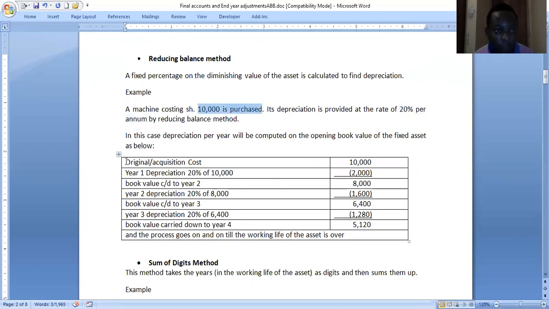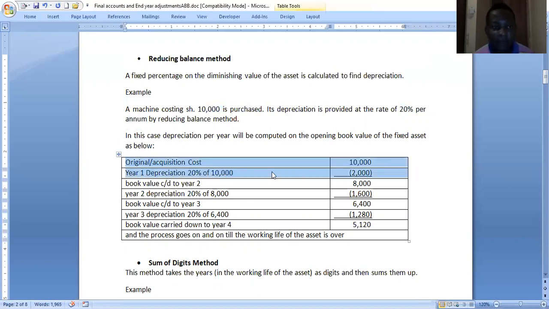So for instance, for year 1, the value of the asset is 10,000 shillings. Its depreciation is 20% on its value, that is 10,000 shillings in year 1. So 20% of 10,000 is 2,000 shillings.